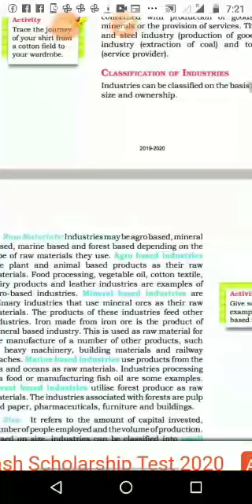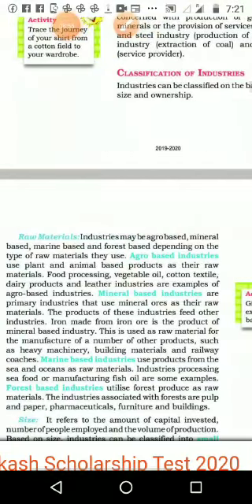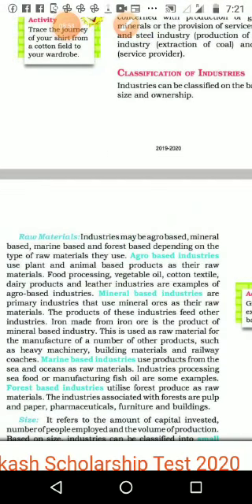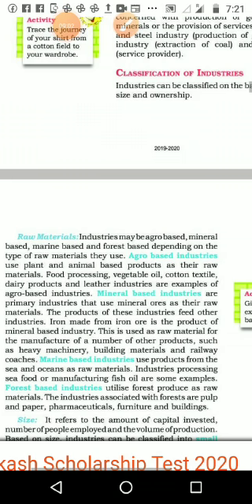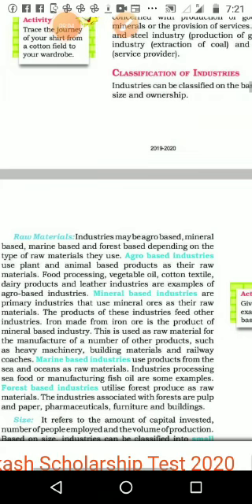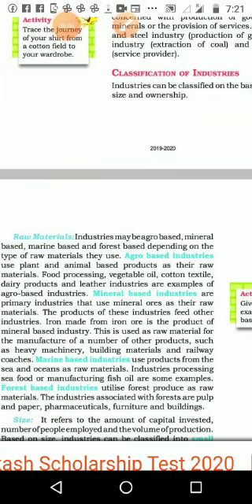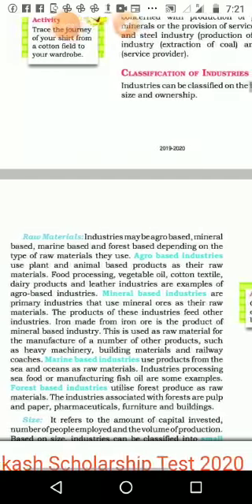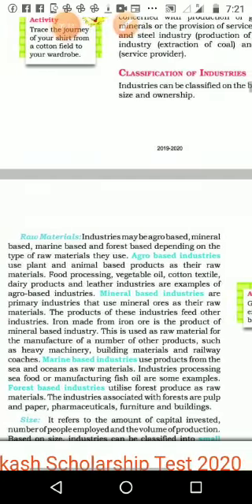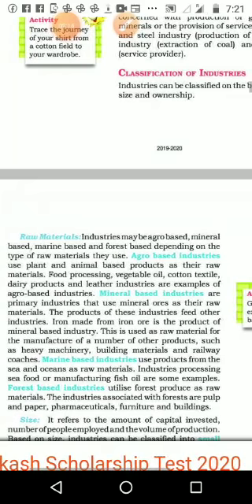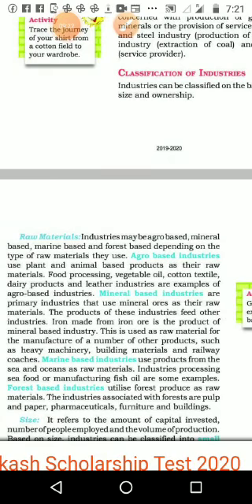Then next one, mineral based industries are primary industries that use mineral ores as the raw material. In mineral based industries, first we collect the ores from the earth, and we use those ores to produce materials. And from that, with the help of industry, we may again produce different things. The products of these industries feed other industries.